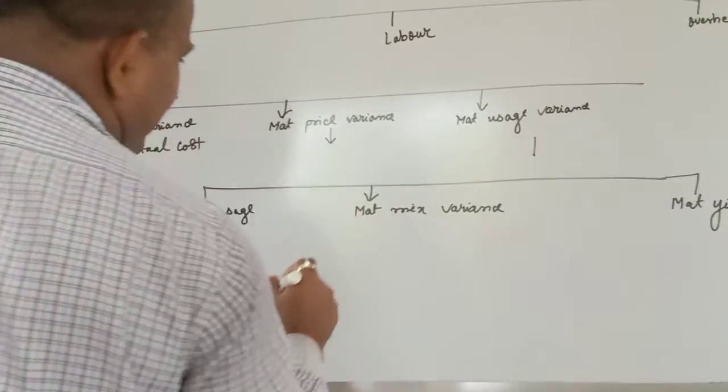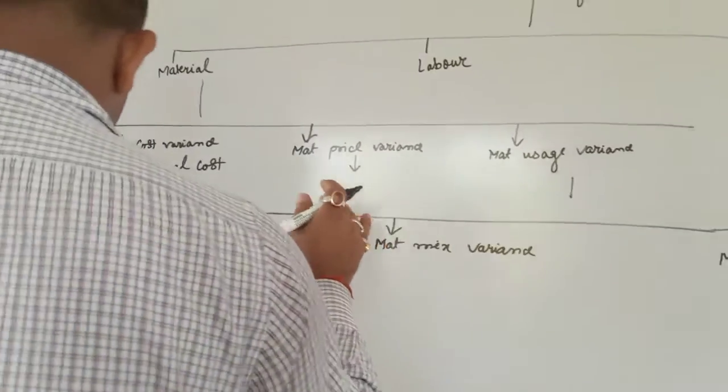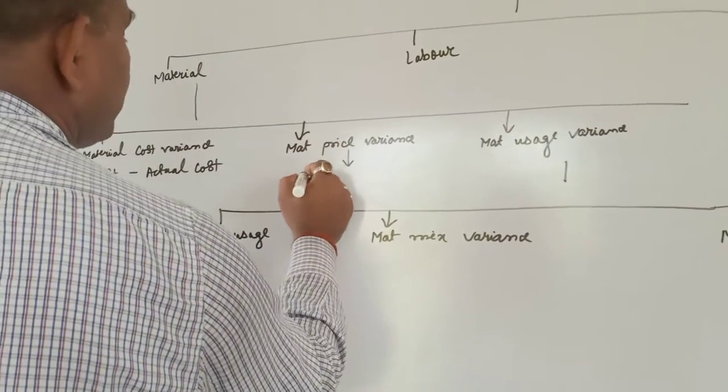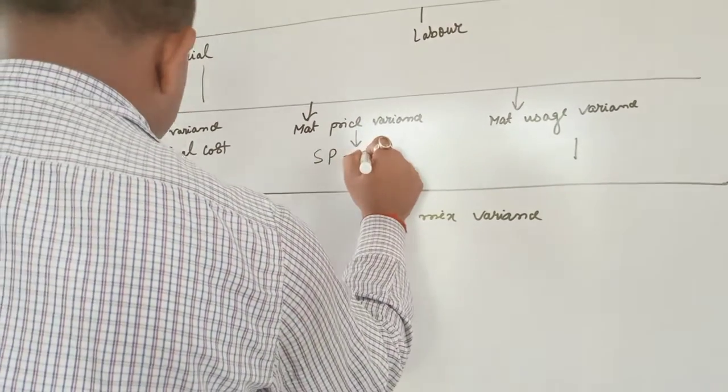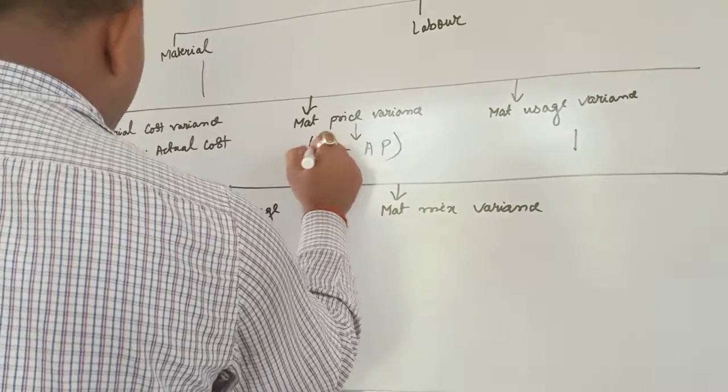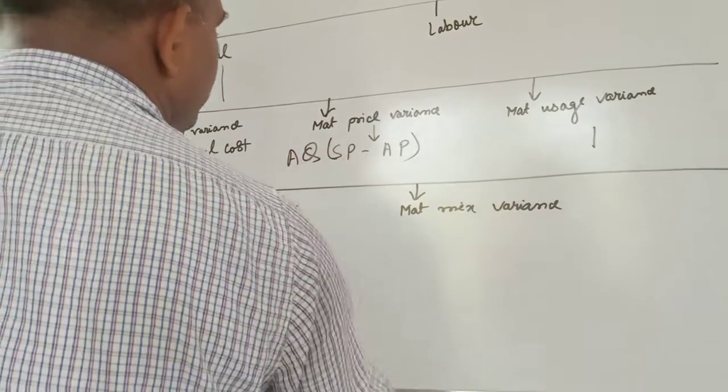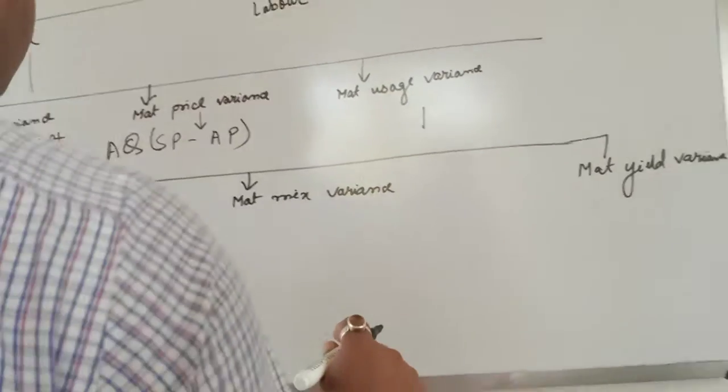In the same way, the material price variance has no confusion: standard price minus actual price, multiplied by the actual quantity.